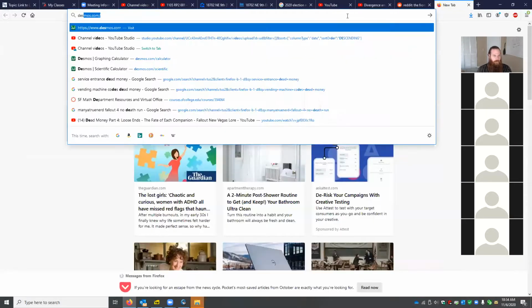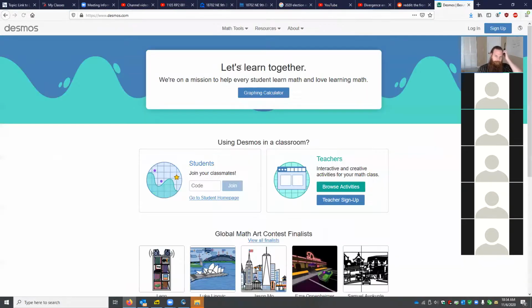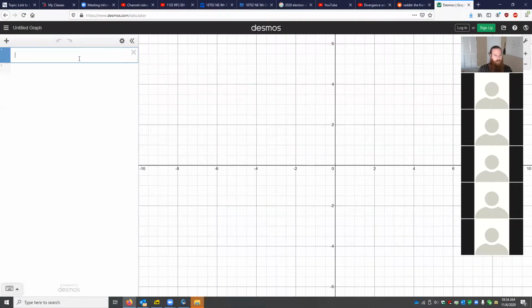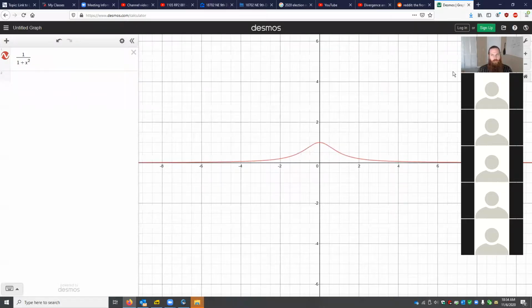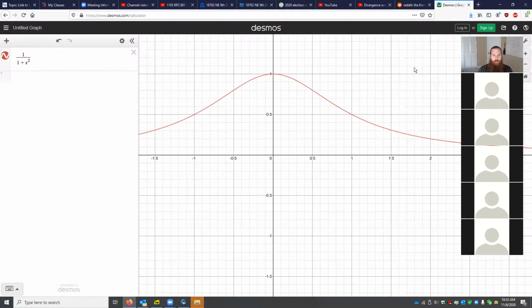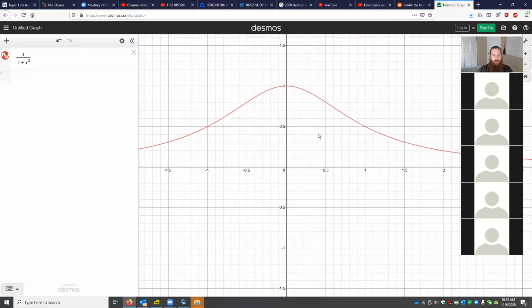But what we're doing is this. Let's begin with 1 over 1 plus x squared. Here it is. This is this graph. It's a famous graph. It's the derivative of the inverse tangent function. You know that, of course. But what we've done is find a power series for it, right?